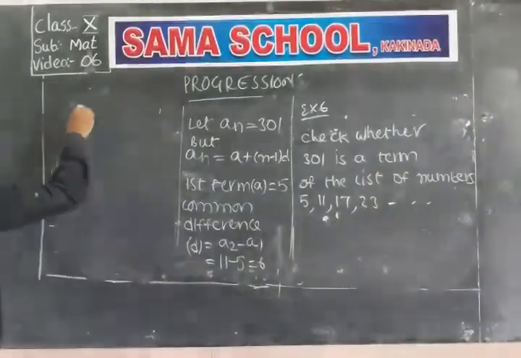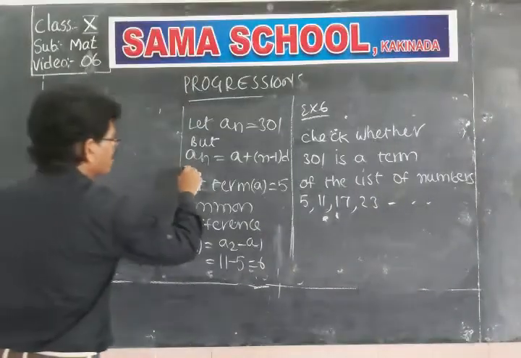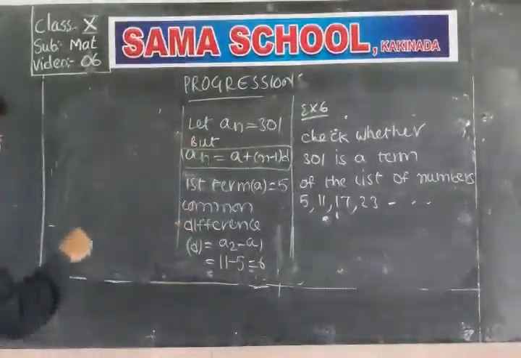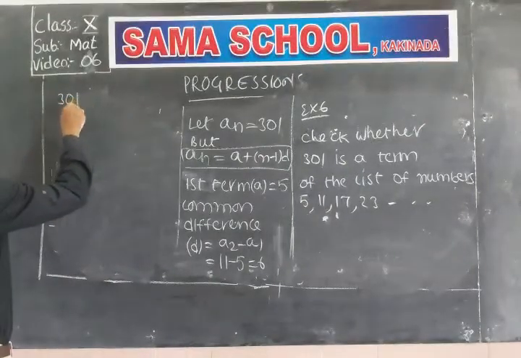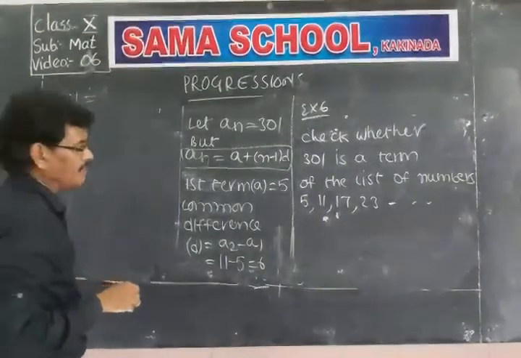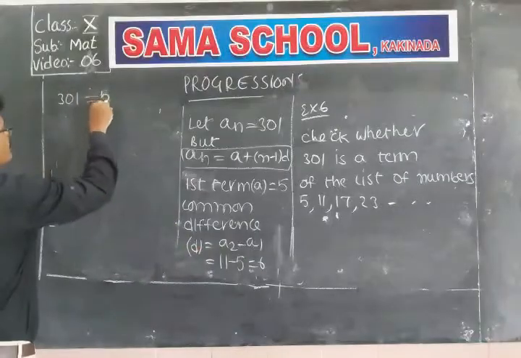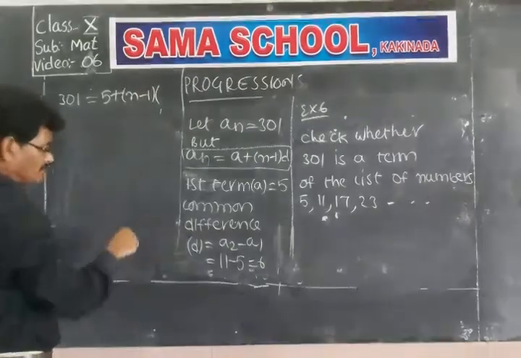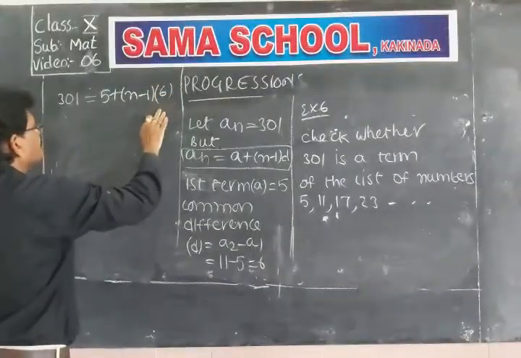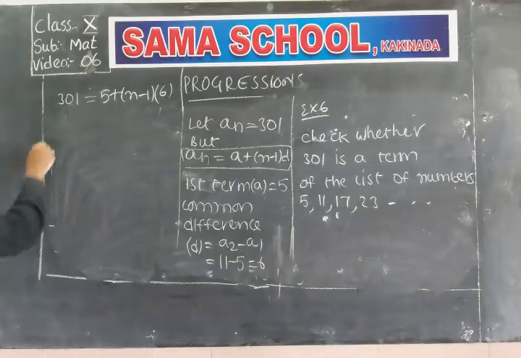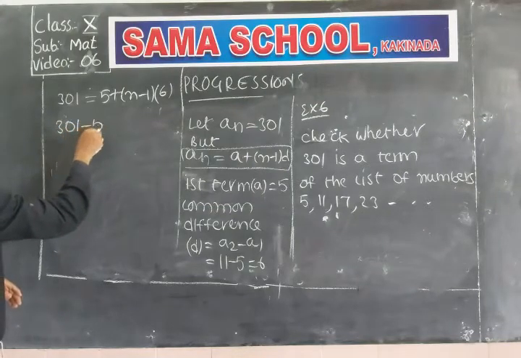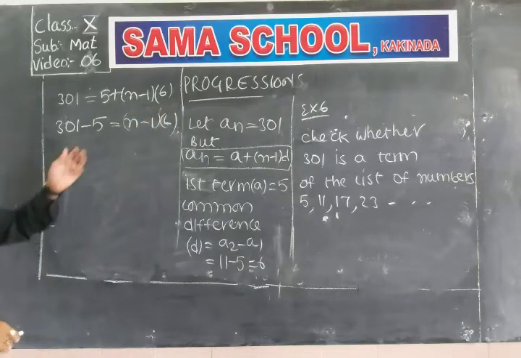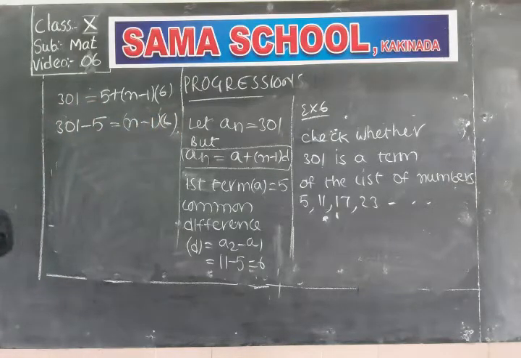Now we can substitute in this equation. a_n is equal to a plus (n minus 1) into d. Let us consider a_n equal to 301, which is equal to the first term 5 plus (n minus 1) into d, 6. Now take 5 this way: 301 minus 5 equals (n minus 1) into 6, because when we take it to the other side, it becomes minus.